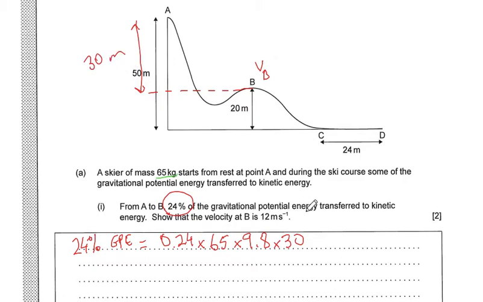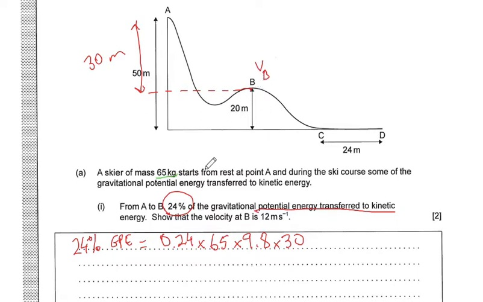And I'm doing that because the question tells me potential energy is transferred to kinetic energy. So we have gravitational potential energy due to the 50-meter height with respect to ground at A, but not all of that is being turned into kinetic. At point C, yes. At D, yes, but not at B. At B, there's still some gravitational potential energy due to the 20 meters height.